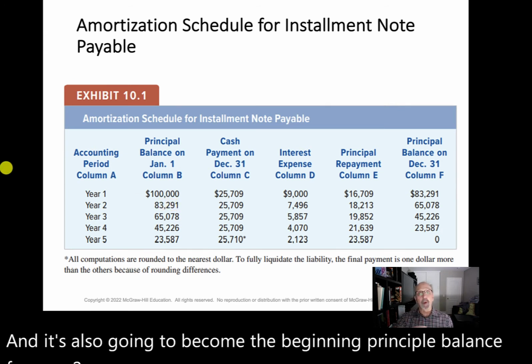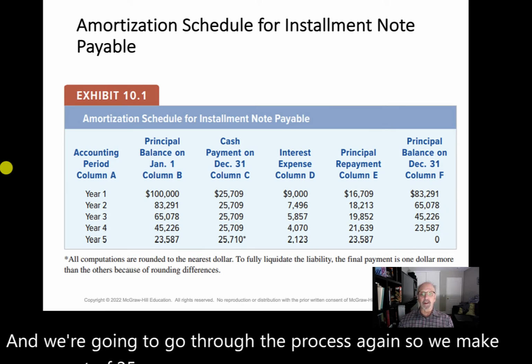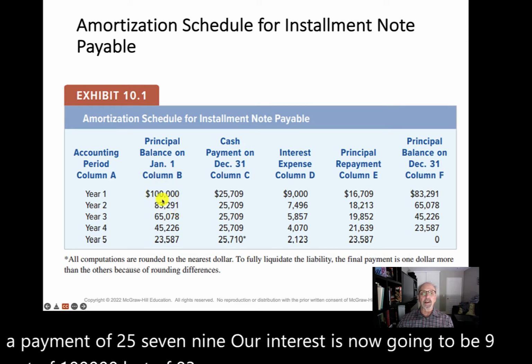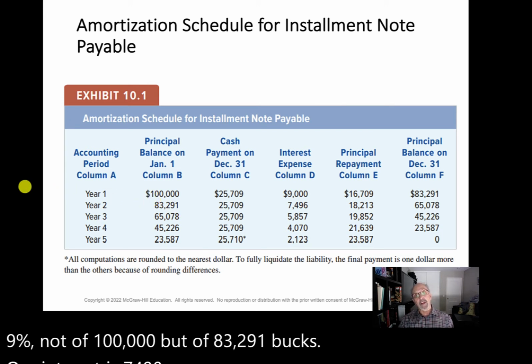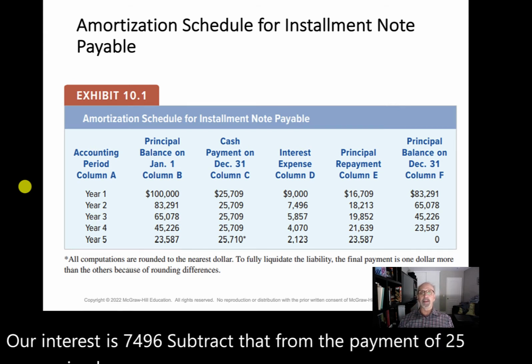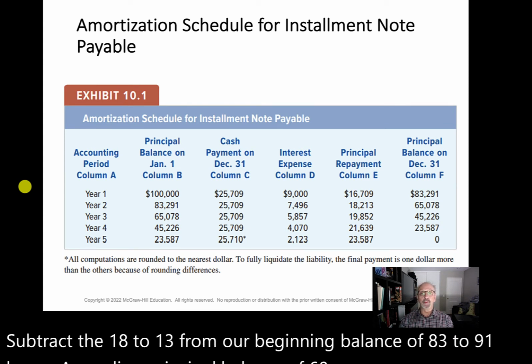And we're going to go through the process again. So we make a payment of $25,709. Our interest is now going to be 9%, not of $100,000, but of $83,291. Our interest is $7,496. Subtract that from the payment of $25,709, leaves a principal repayment amount of $18,213. Subtract the $18,213 from our beginning balance of $83,291, leaves an ending principal balance of $65,078.